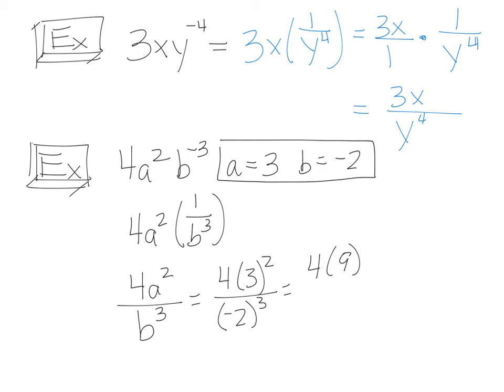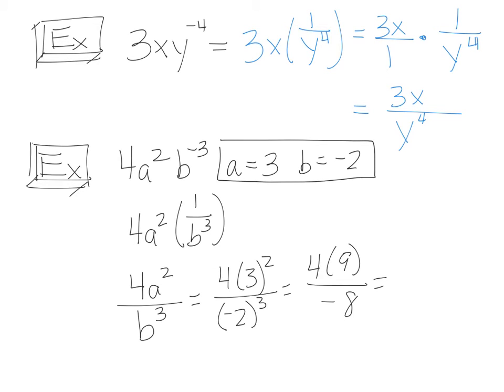So that's 4 times 9 over negative 2 times negative 2, which is a positive 4. Positive 4 times another negative 2 is going to be a negative 8. Remember, you have a negative times a negative times a negative. When there's an odd number of negatives, your answer will be negative.